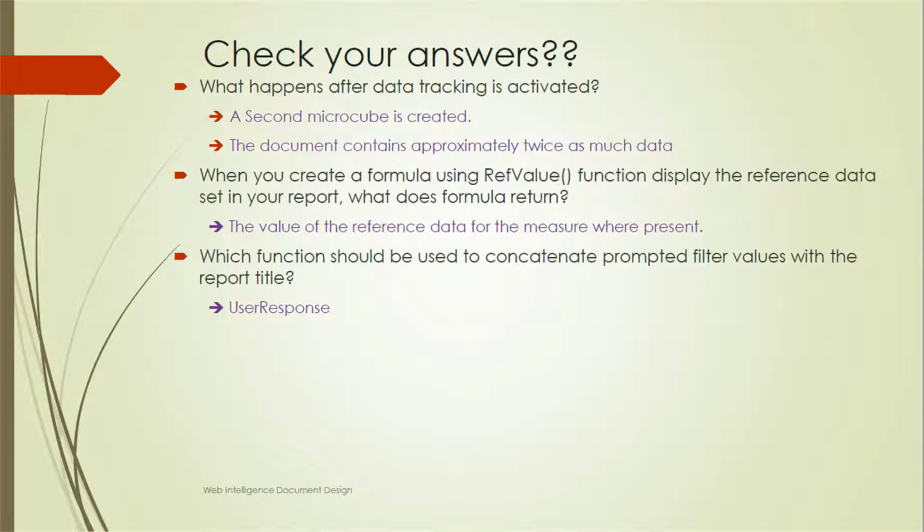The first question is about data tracking. The answers are: a second microcube is created whenever data tracking is activated, and the document contains approximately twice as much data. The next question, about the RefValue function: the formula returns the value of the reference data for the measure where present.